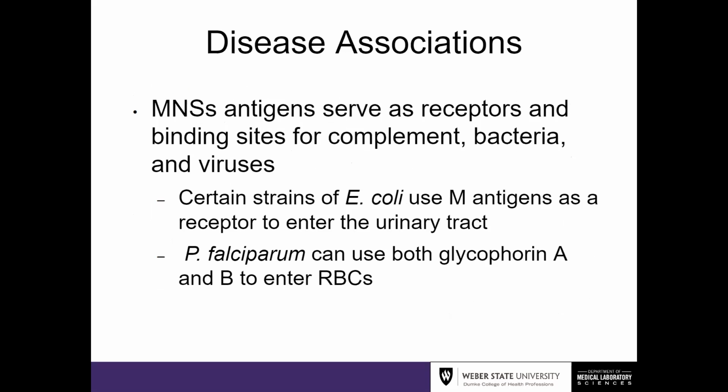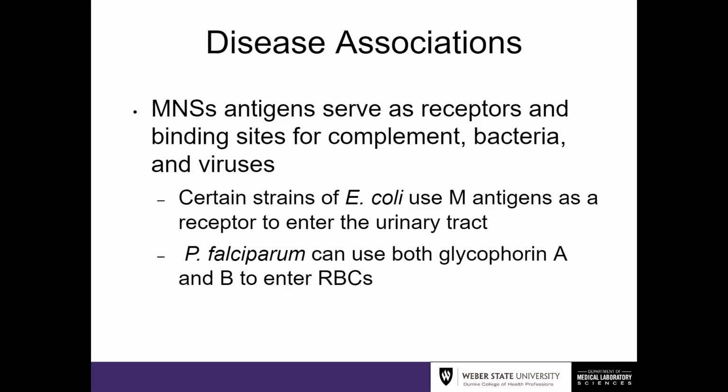Okay, talking about some disease associations, the MNS antigens serve as receptors or a binding site for complement, bacteria, and viruses. I thought this was an interesting fact about the MNS blood group system, that certain strains of the E. coli bacteria can use the M antigens as a receptor and binding site to enter urinary tract cells and cause infection.